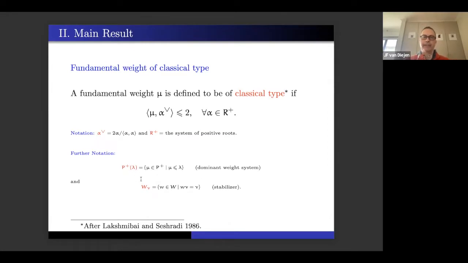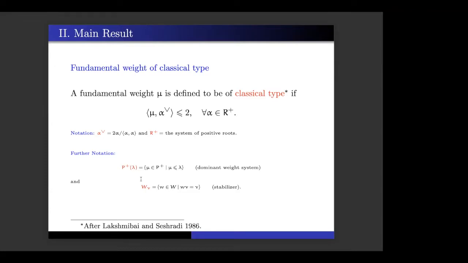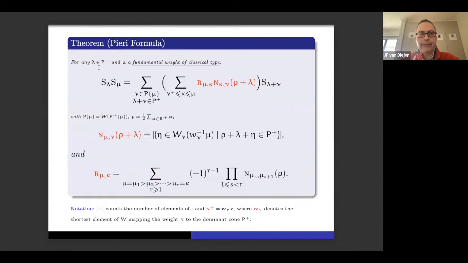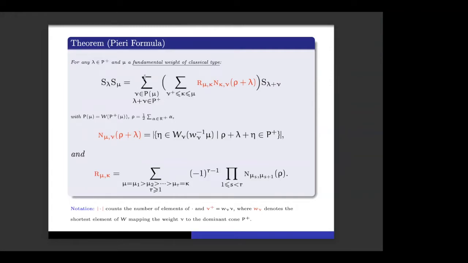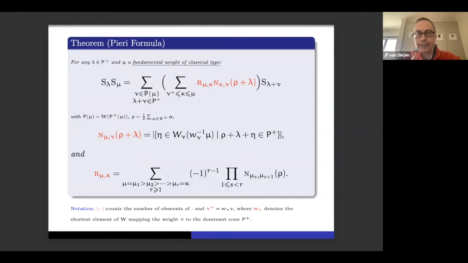And now I think I have all notations in place, and I can show you the formula. Lambda is any dominant weight. Mu is a fundamental weight of classical type, so whose pairing with the co-roots doesn't exceed the bound 2. And then the tensoring gives you the following multiplicities. Well, I will slowly explain a few things in this formula.